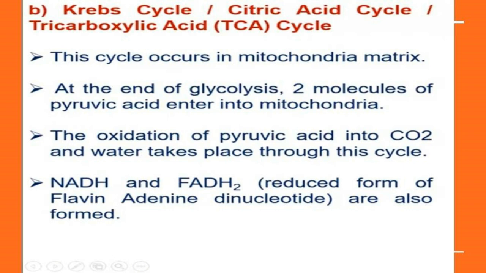The oxidation of pyruvic acid into carbon dioxide and water takes place through this cycle, so it is called the tricarboxylic acid cycle, that is TCA. NADH and FADH2 are also formed. This is the second stage, the Krebs cycle.